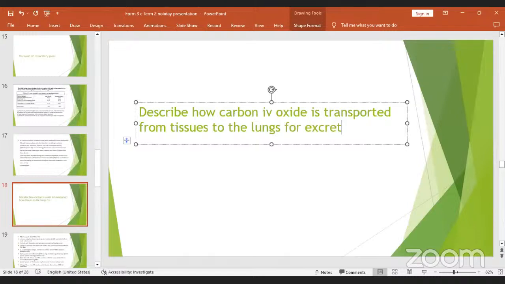You can inbox me and I help you see if you've done the right thing. You have to talk about how it is formed in the tissues, released, combines with the blood, transported along different blood vessels, until it reaches the lungs for excretion.